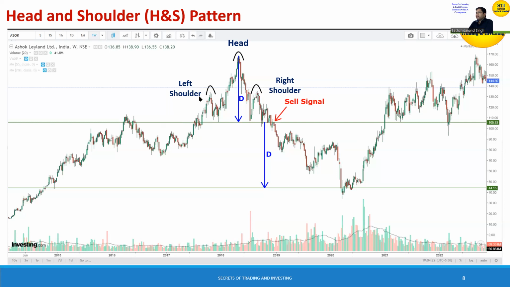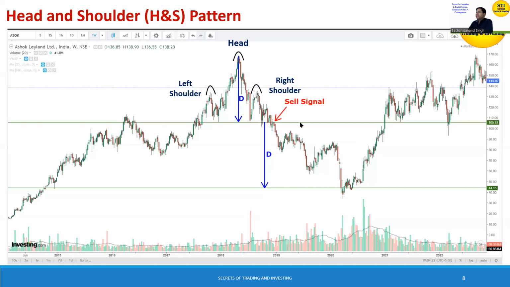When we connect the lows of both shoulders, that is called a neckline. In this example, this green line where my mouse pointer is, is called the neckline. If we extend it, it goes infinitely both ways, but that particular line is called a neckline.